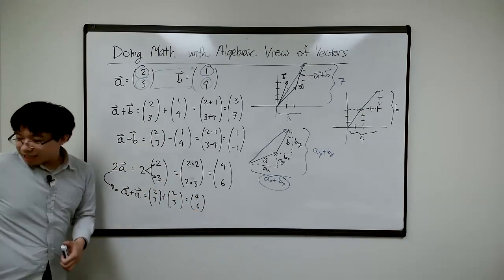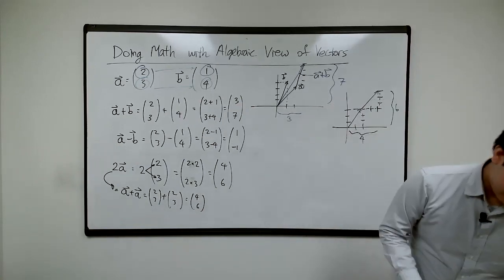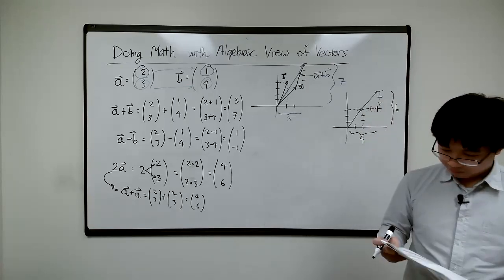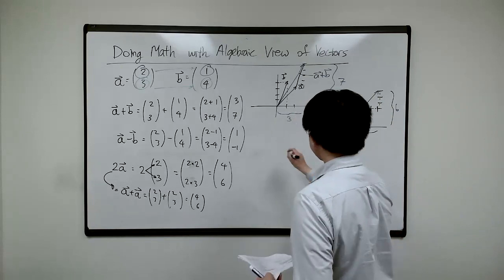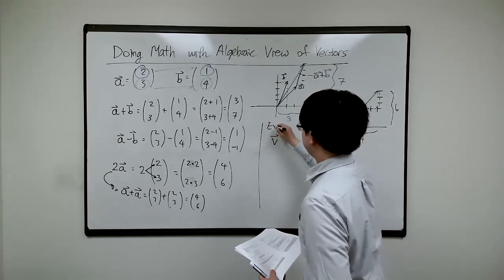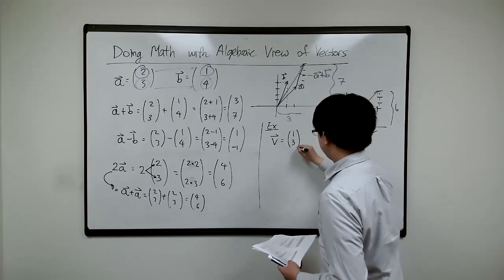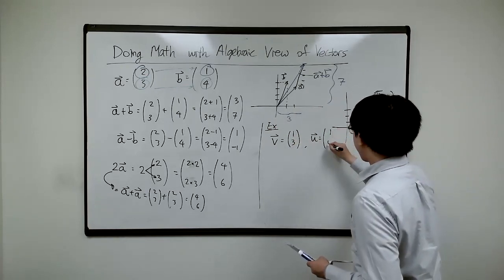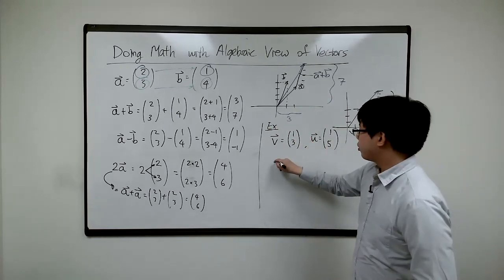So here's an exercise for you, now that you understand this. See if you can do this. If I have, let's say this is V, which is 1, 3, and U is 1, 5, try to do it both algebraically and geometrically.